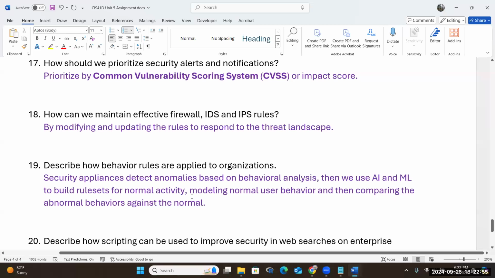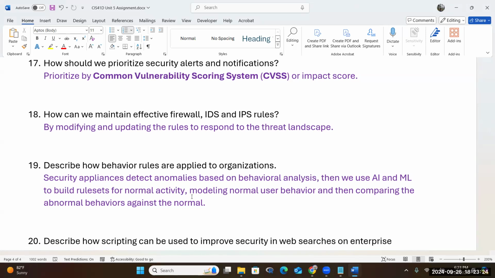And with the behavior rules, how can that be applied? When the security appliance detects an anomaly, it's going to put that into behavior analysis. We can use AI or machine learning, ML, to build the rule sets for normal activities. So first, you need to give it the data on what is normal, right?